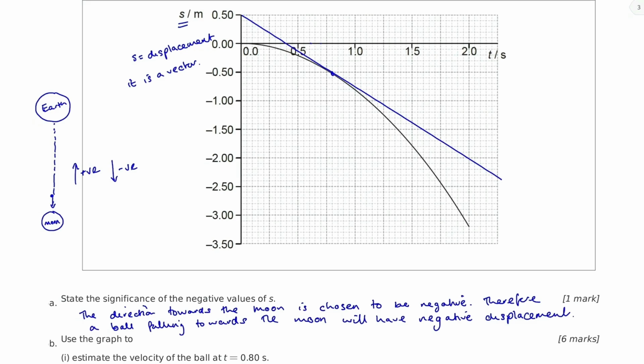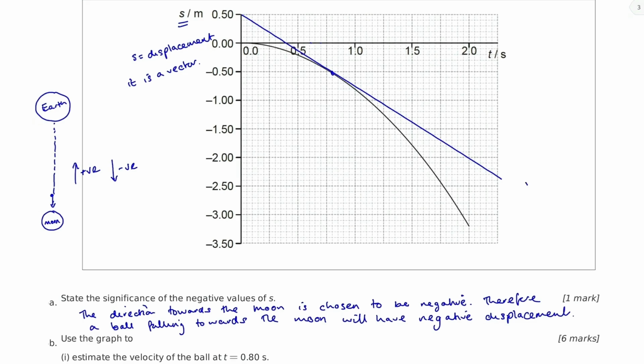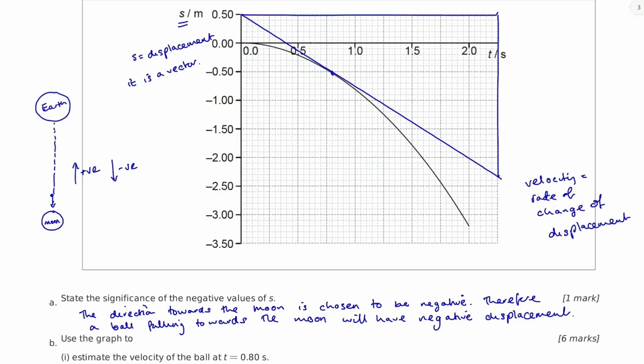And why am I drawing a tangent to the line? Well, velocity is equal to the rate of change of displacement. So that means it's the gradient of a displacement-time graph. So we want to find out what the gradient of this tangent is. So we're going to draw a big triangle, as big as we possibly can, because that reduces the error on the final mark.